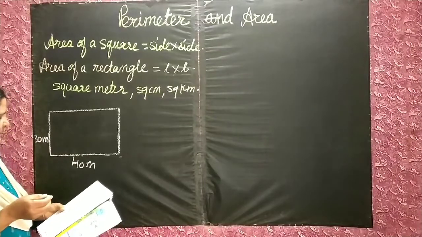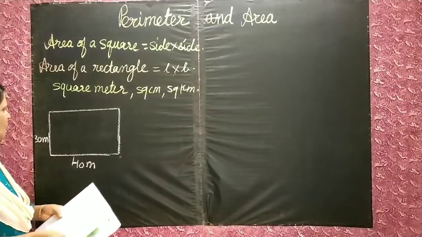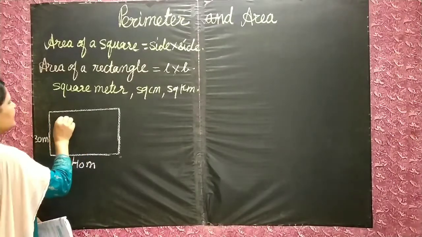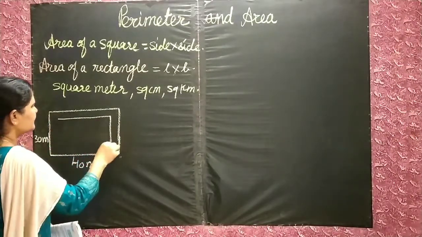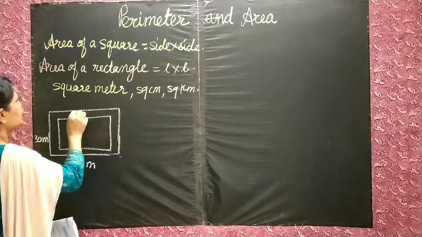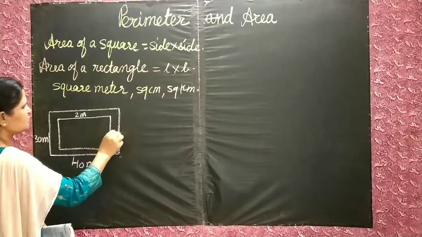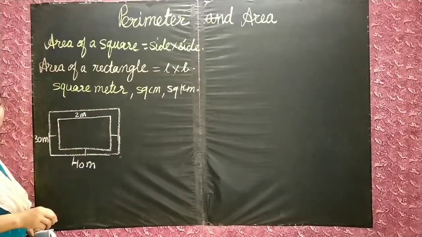And a 2 meter wide path is to be paved inside the garden along its boundary. Along the boundary, this 2 meter portion is paved. This is 2 meter, this is also 2 meter, this is also 2 meter.